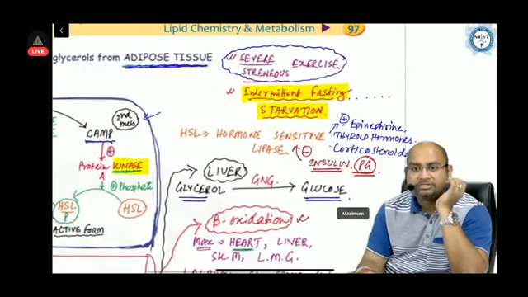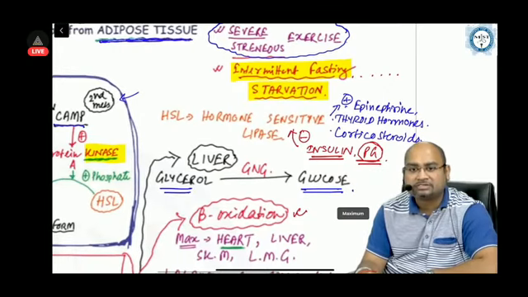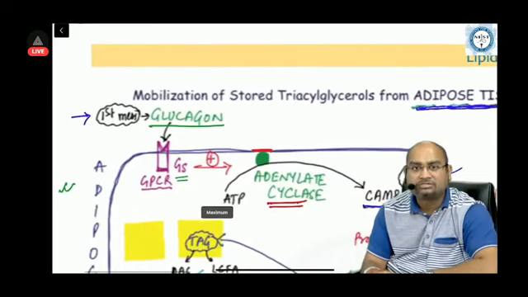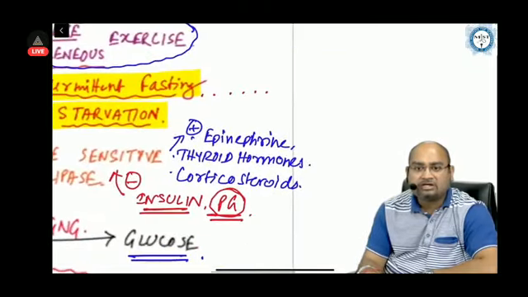HSL is, beta, hormone sensitive lipase, and please try to understand over here, this hormone sensitive lipase is activated most of all by glucagon. Most important hormone to activate this guy will be our glucagon itself, beta. However, this can also be activated by glucagon-alike hormones like epinephrine, steroid hormones, corticosteroids, and thyroid gland hormones.